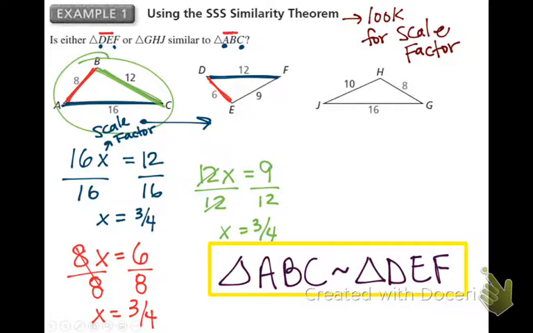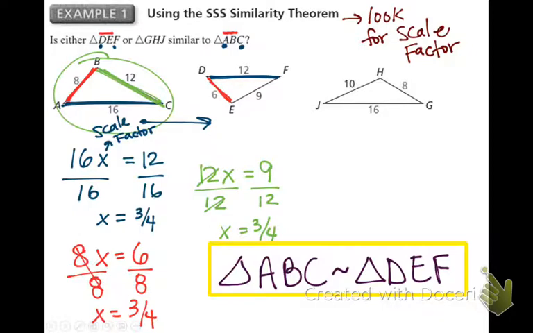A couple of things. Like we said, or, here's why we stop here. We don't try the other triangle. It was either or. It was either similar to DEF or to GHJ. Because it's similar to DEF, we can stop. It's not going to be similar to GHJ. Does that make sense? Are you good with that?